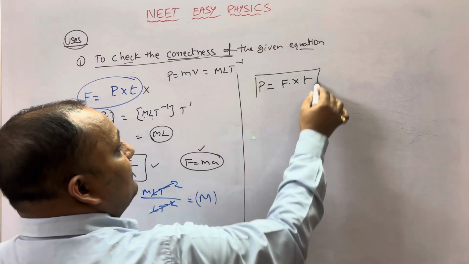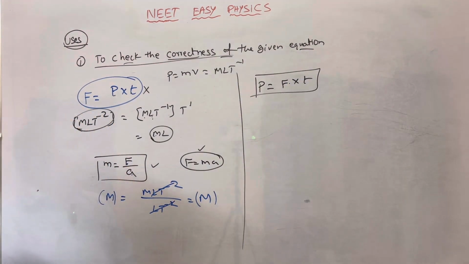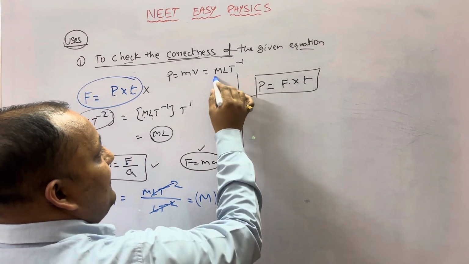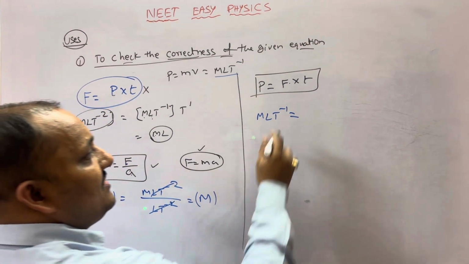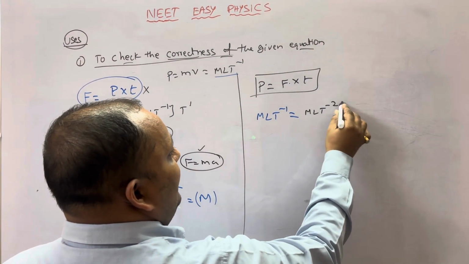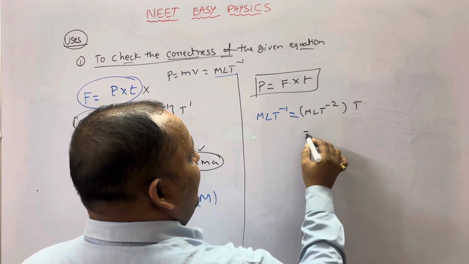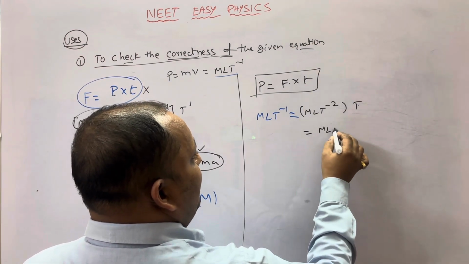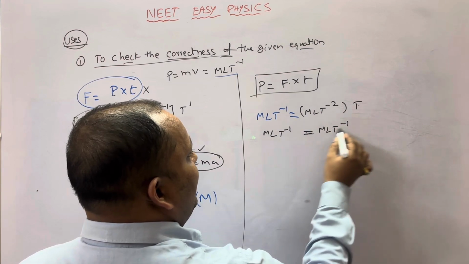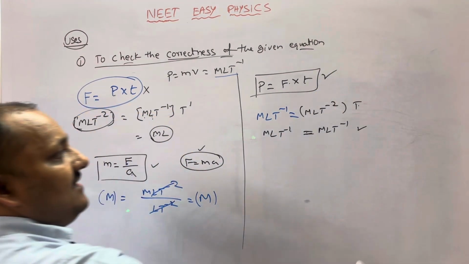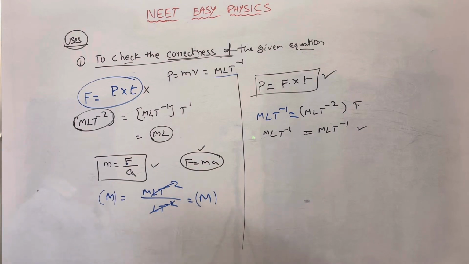Is this equation correct or wrong? We will cross check. What is momentum dimension formula? MLT power minus 1. What is force dimension formula? MLT power minus 2. Time dimension formula T. So force into time gives MLT power minus 1. Both are equal. Therefore, this is a correct equation.